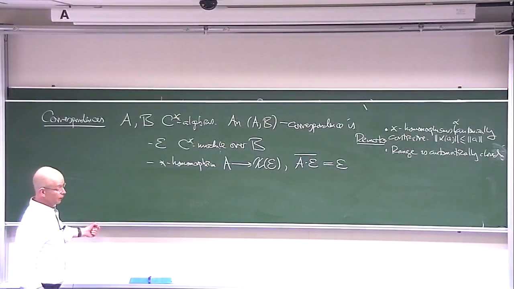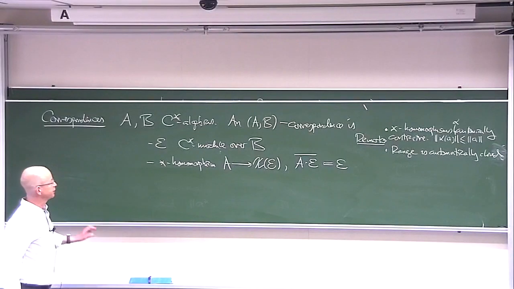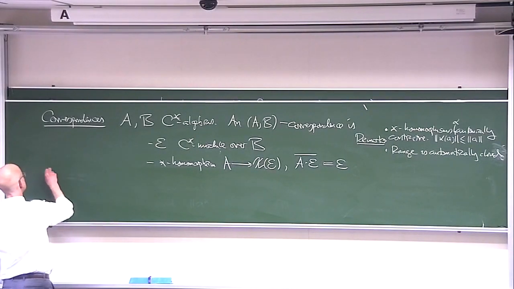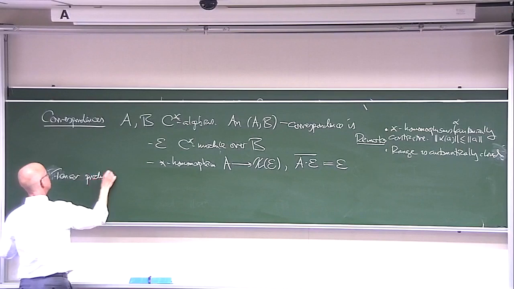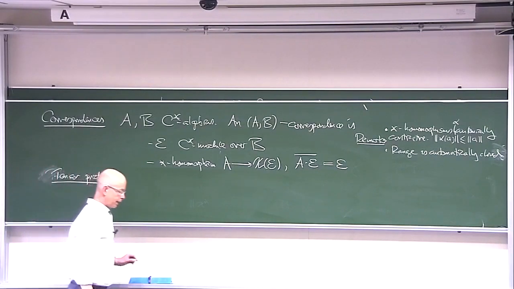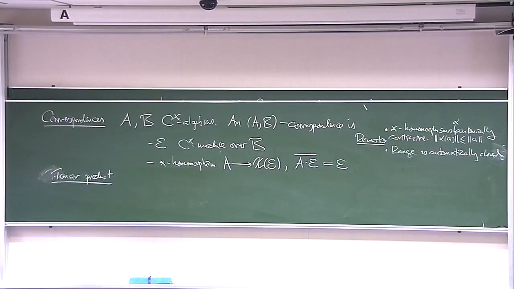Okay, this is what a correspondence is. And I hope by the end to show some interesting examples, but for the moment let's just leave this as a definition. And now I want to propose two correspondences.